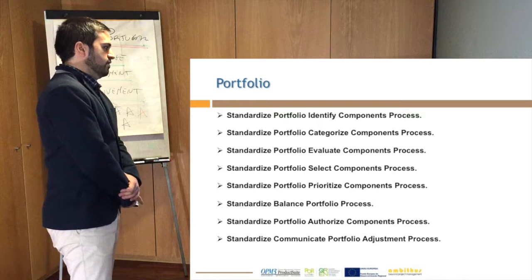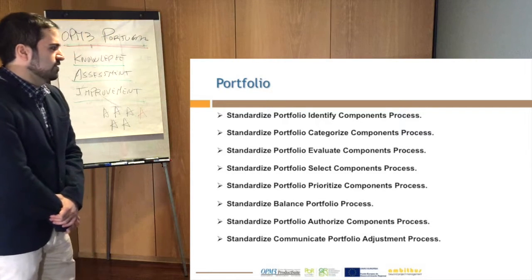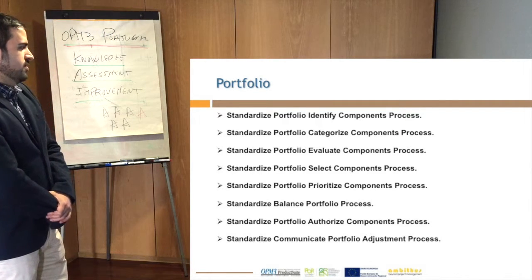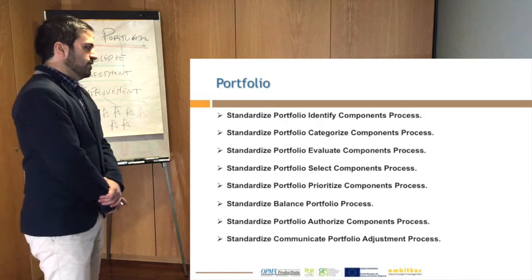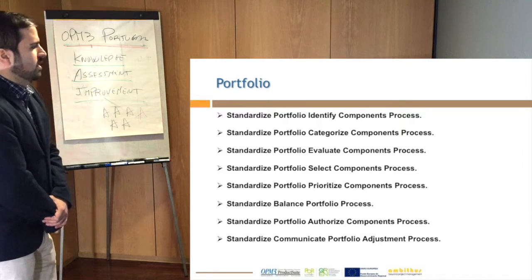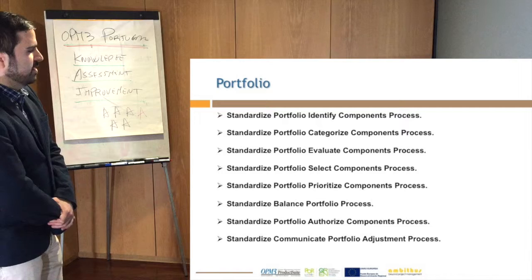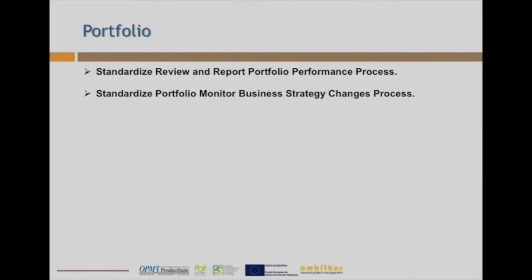Also, the standardization on the balance of portfolio, standardization on the portfolio authorized components, and standardization to communicate portfolio adjustments. The two remaining ones are the standardization of the review and the report of the portfolio performance, as well as the portfolio monitor business strategy changes process.